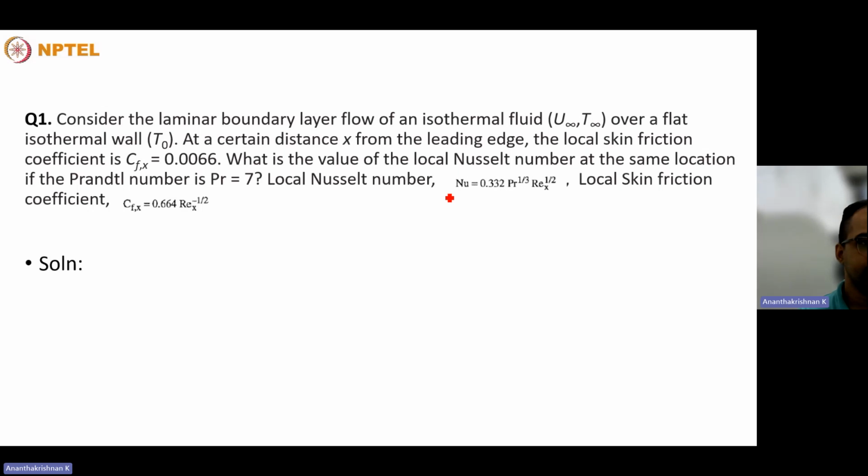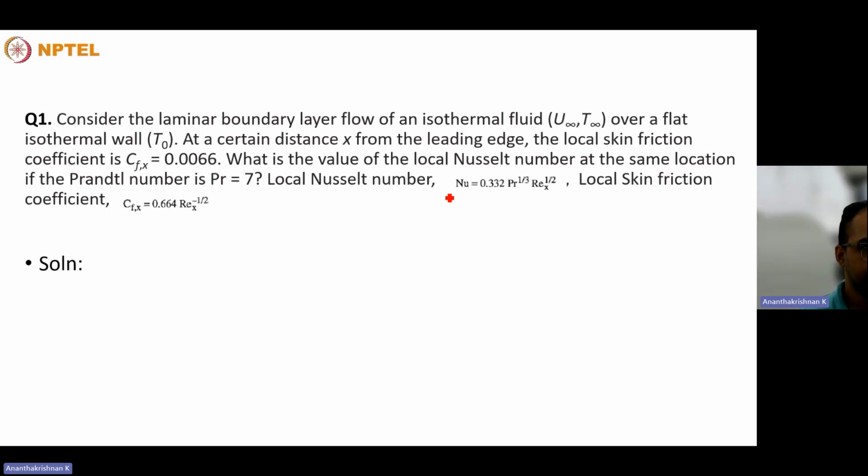At a certain distance x from the leading edge, the local skin friction coefficient is Cfx equal to 0.0066. What is the value of the local Nusselt number at the same location if the Prandtl number is 7?